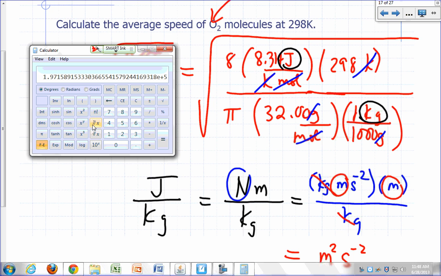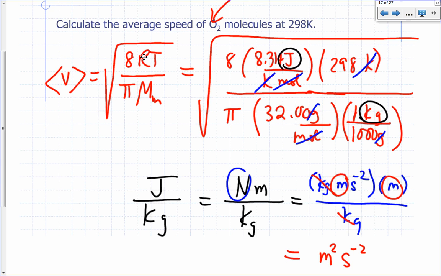Then take the square root of that, so raise it to the power 0.5, and that equals 4.44 times 10 to the 2. So in regular notation, that's 444 meters per second. That's the average speed of oxygen molecules at room temperature, on average.